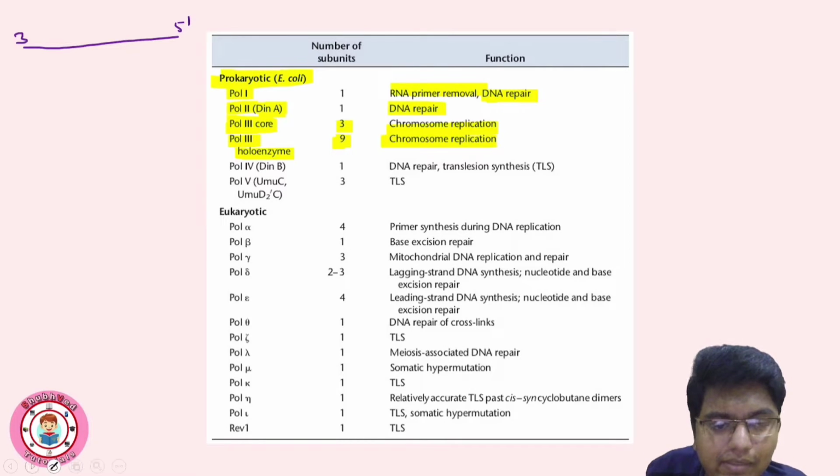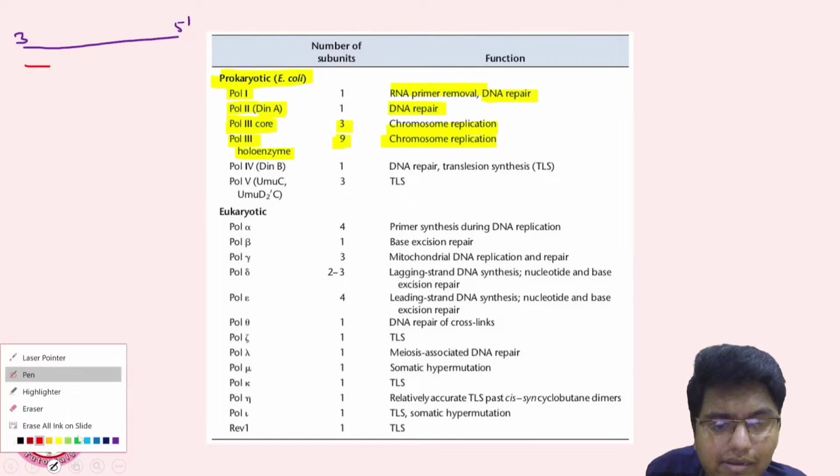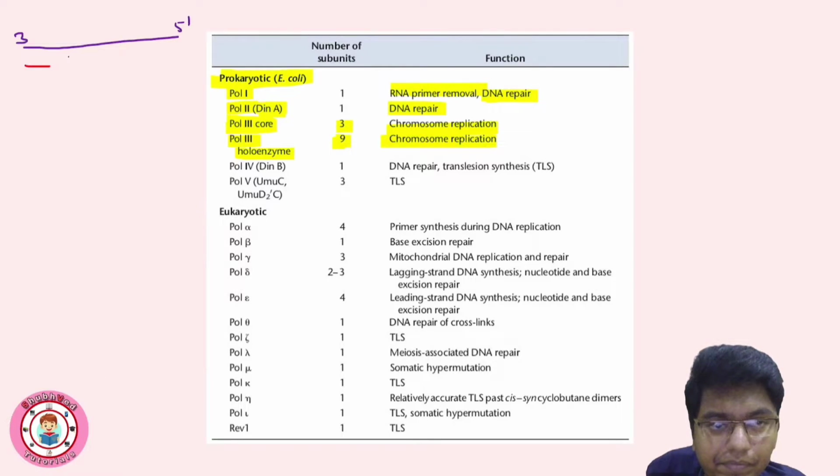There will be a primer here, and the rest will be DNA synthesized, like this. Here will be the bonds, and this is 5' to 3'. I will draw here in red only.